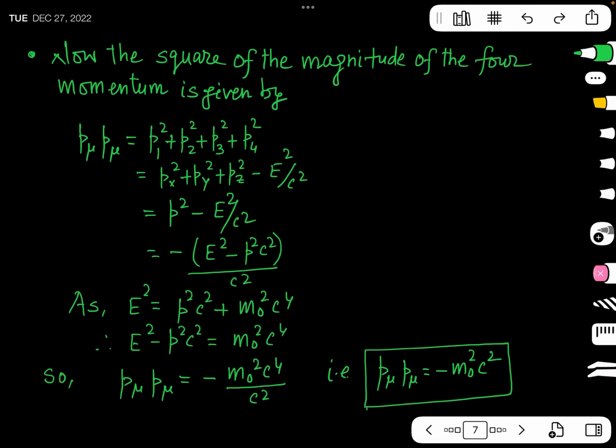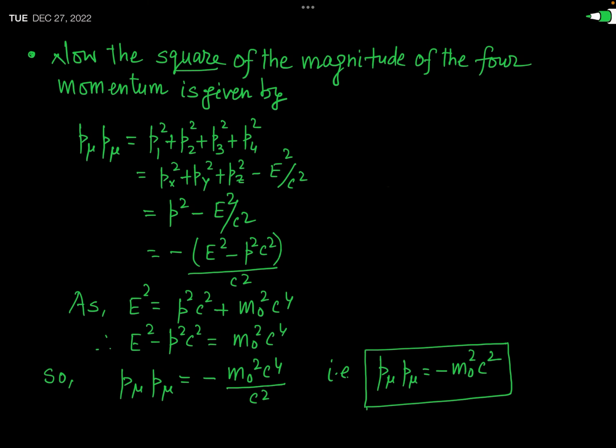Now again we will find the magnitude of the square of the momentum 4 vector. The square of the magnitude of the 4 momentum vector is denoted by the symbol P mu times P mu, and this is equal to the sum of the squares of all the 4 components: P1 square plus P2 square plus P3 square plus P4 square.